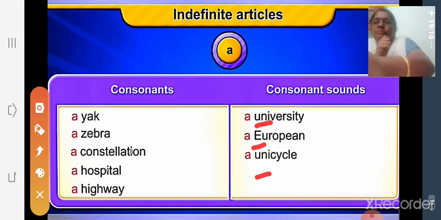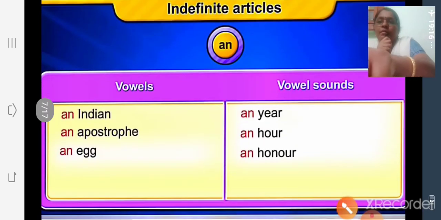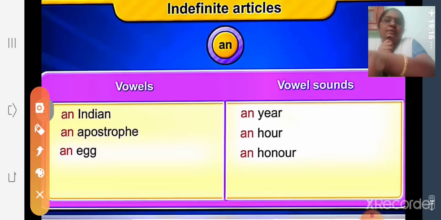Okay, then look at here, vowels and vowel sounds. An Indian, an apostrophe, an egg. So no problem, these words begin with a vowel sound, so an is used. But look at here: an heir, an hour, an honor.